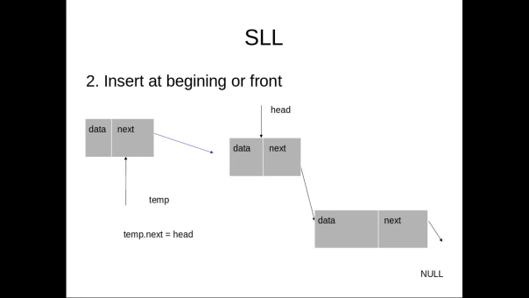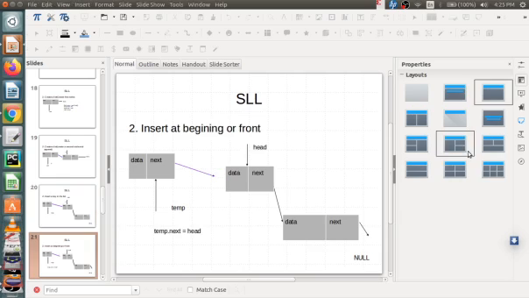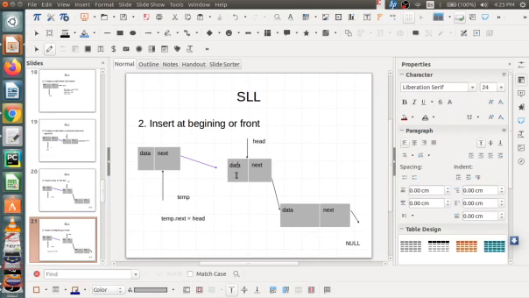Suppose we have a list and we have a head node. Head node is nothing but the start node. Each node has data, then next. Here we have 14 as data, and here we have 18 as data.